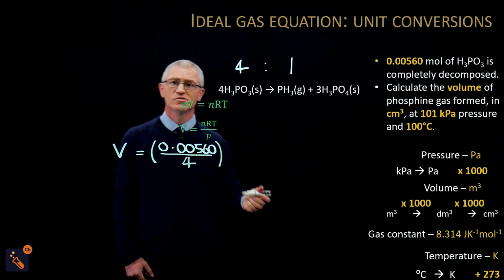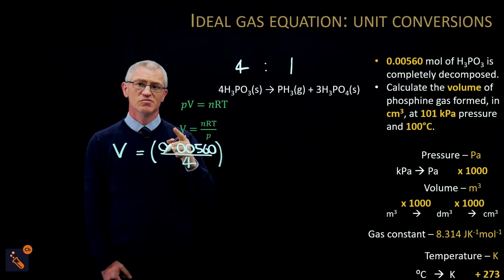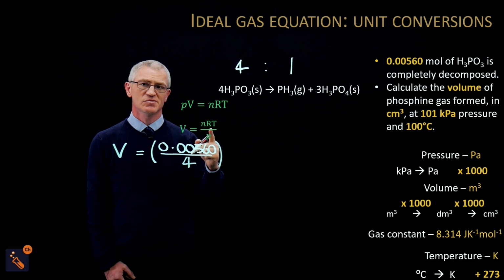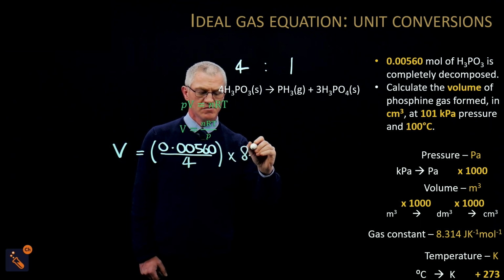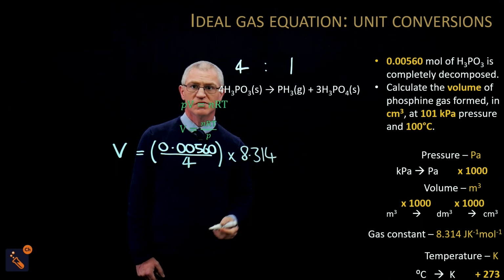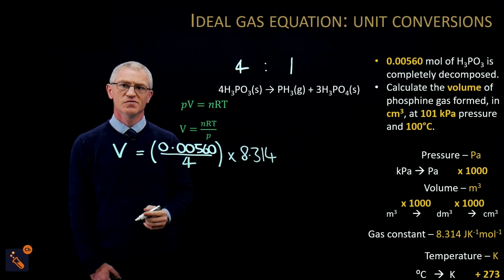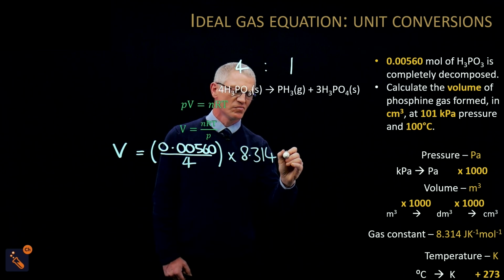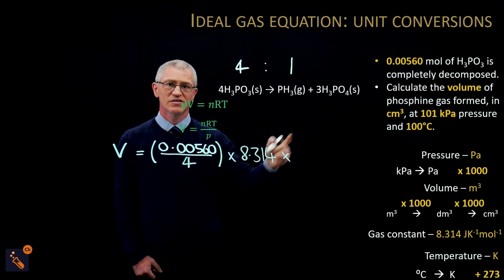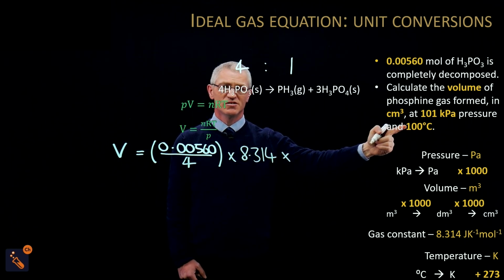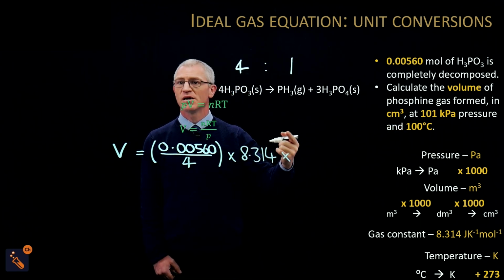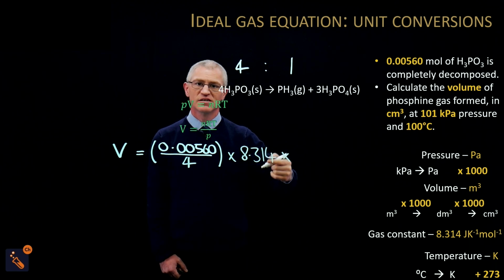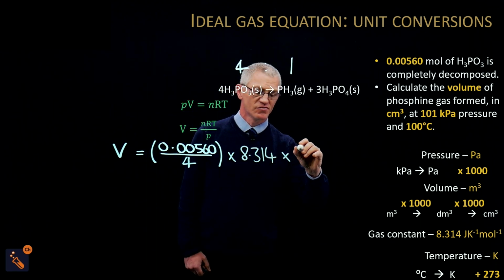According to our PV equals nRT, we're going to times that by the gas constant. That's 8.314. We then times it by the temperature, and the temperature here is 100 degrees Celsius. 100 degrees Celsius plus 273 is going to be 373.